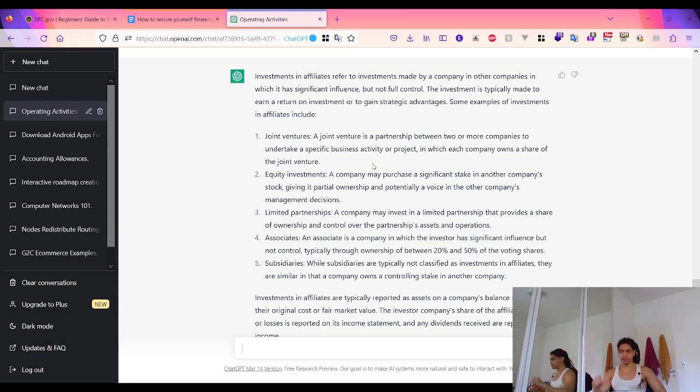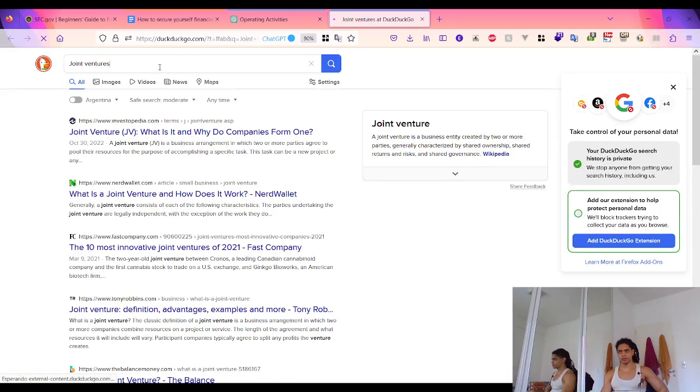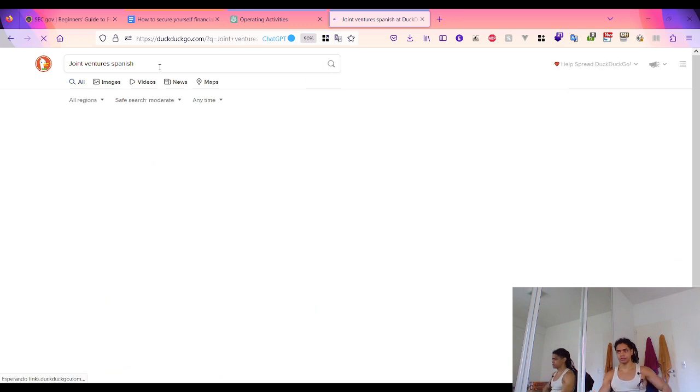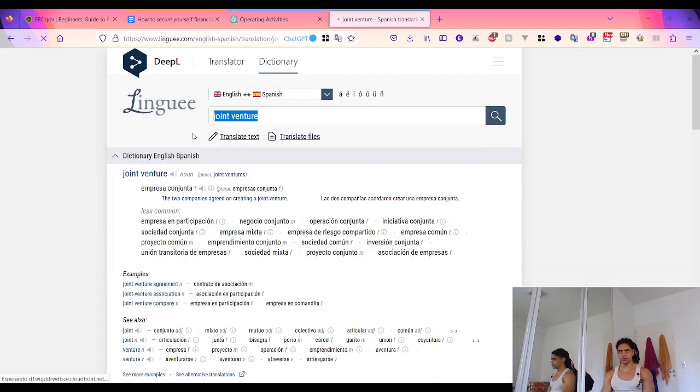Joint venture in Spanish is maybe something like "aventuras unidas". Empresas conjuntas. According to Linguee: empresas conjuntas, en participación, sociedad conjunta, empresa mixta. Less common.